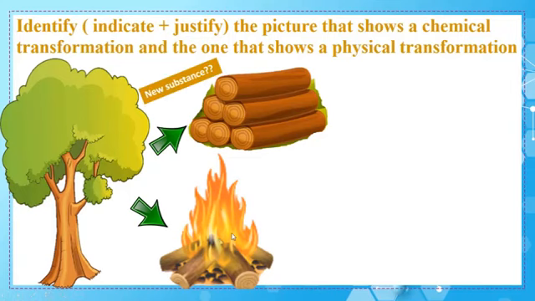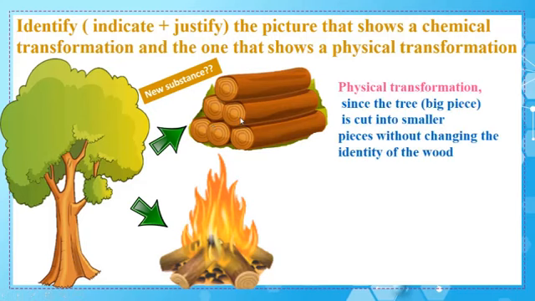As you see, do we obtain new substances when we cut the tree into woods? Think. Then, good, it's a physical transformation, since the tree, a big piece, is cut into smaller pieces without changing the identity of the wood. While, let's talk about burning some woods.